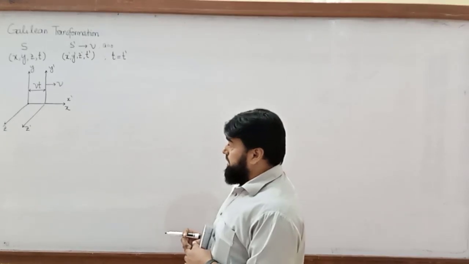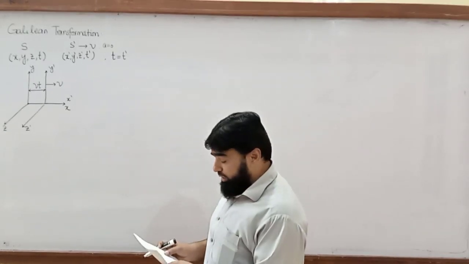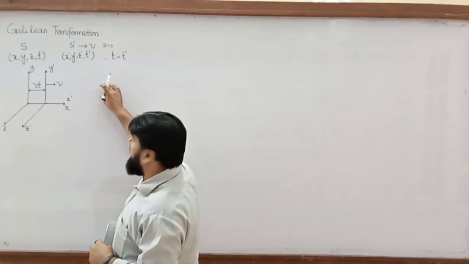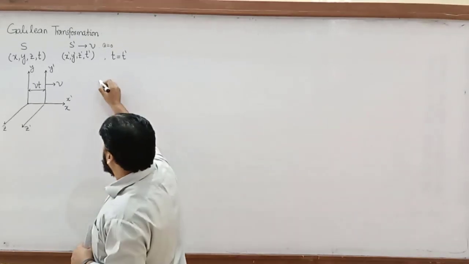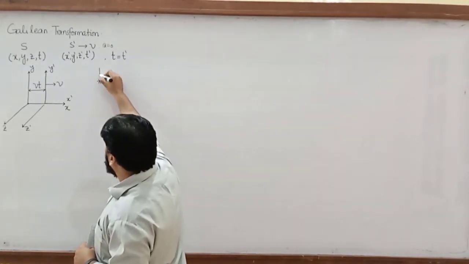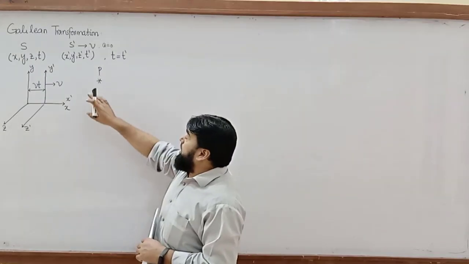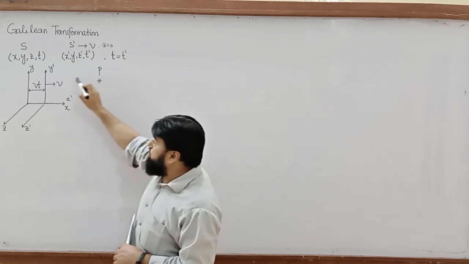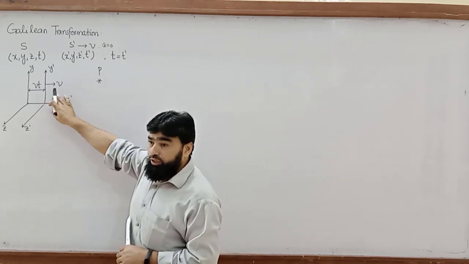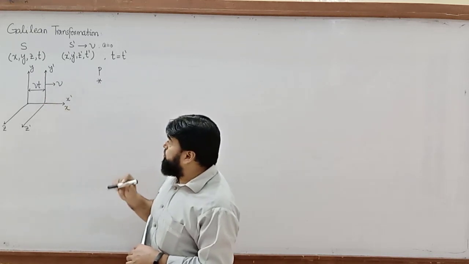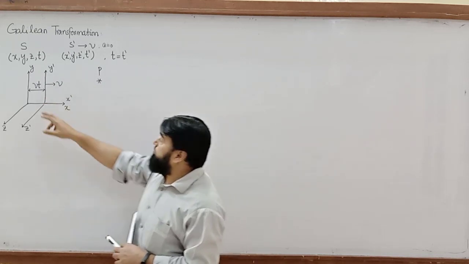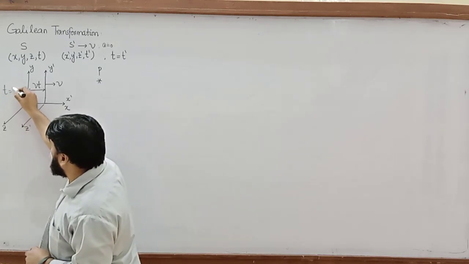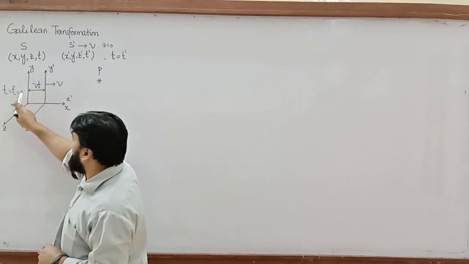And now we will do some calculations. Now let's say an event is occurring at point P, and both of them are measuring the same event. Both the frames were at t equals t prime equal to 0.